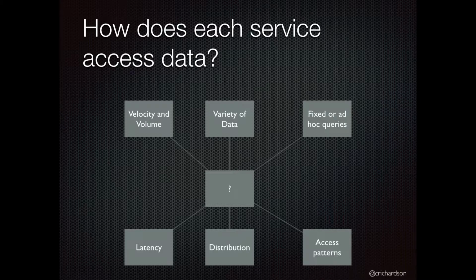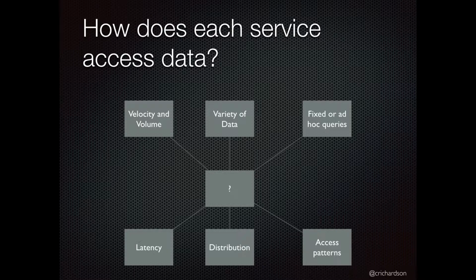How distributed does the data need to be? Does it need to be in multiple data centers and being updated in multiple data centers simultaneously? And also, what are the access patterns? Is it very read intensive, or is there a mix of reads and writes, or is it very write intensive, like a logging application?